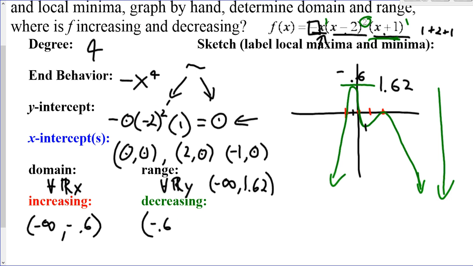So I'm going to be decreasing from -0.6 to 0.84. And then I'm going to be increasing on the interval from 0.84 to 2. And then from then on, it's going to be decreasing to infinity.